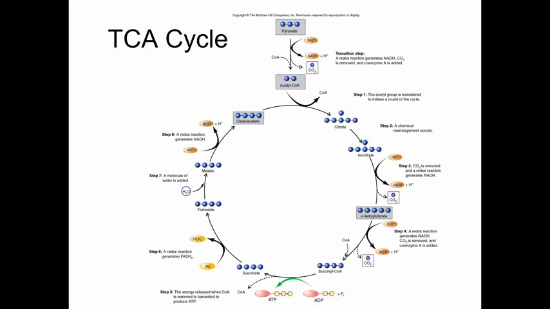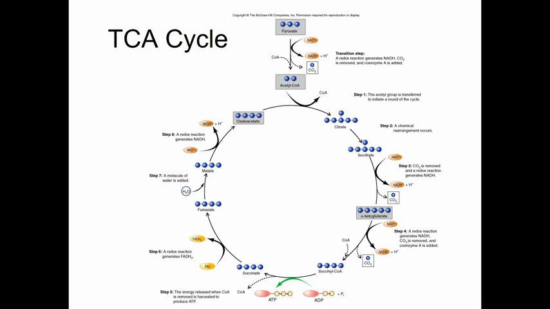The purpose of the TCA cycle is to complete the oxidation, which is actually, aka, breakdown of glucose. So, how many times must that cycle happen for every glucose molecule you started with?